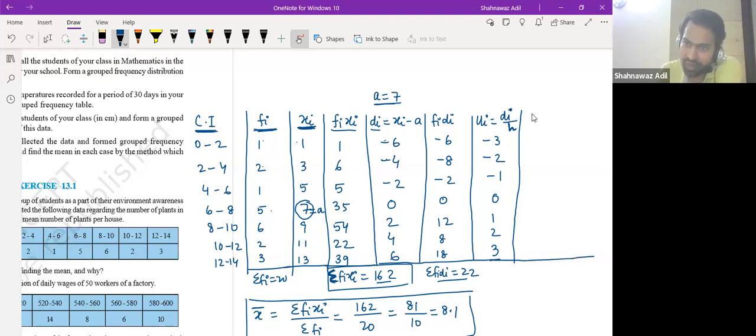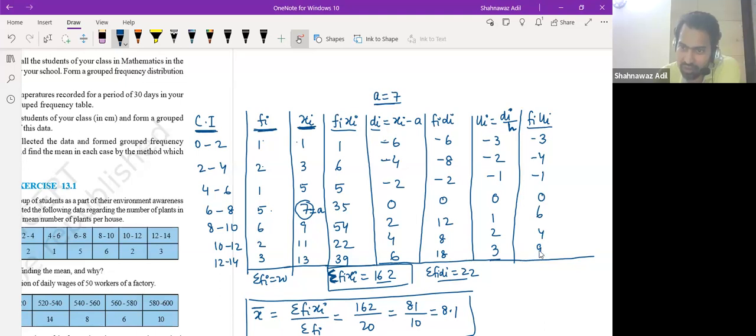Then what will we calculate? FiUi, right? Remember, this is not necessary to calculate because these are already smaller numbers. In the next question, we'll see that we have to use this one. So FiUi: minus 3 into 1 is minus 3, minus 2 into 2 is minus 4, minus 1 into 1 is minus 1, 0, 1 into 6 is 6, 2 into 2 is 4, 3 into 3 is 9.